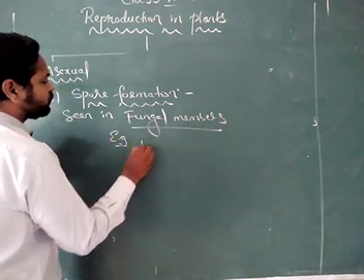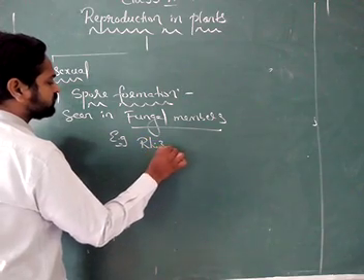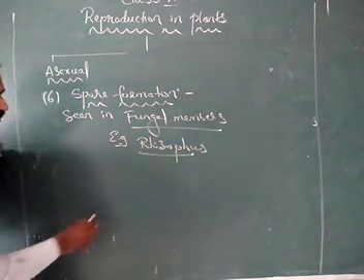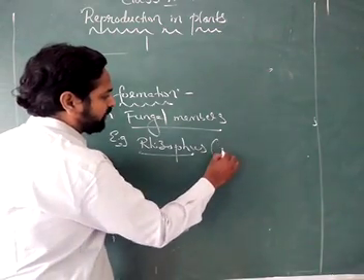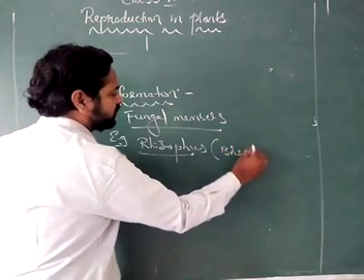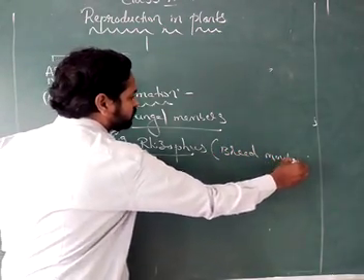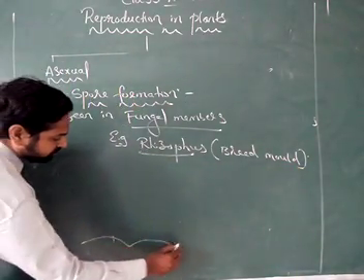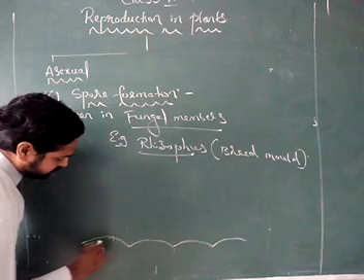Example, rhizopus. Now, this is the rhizopus. This rhizopus is commonly called as bread mold. So, you see the bread mold.